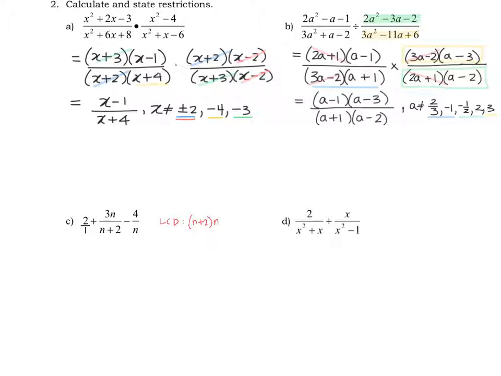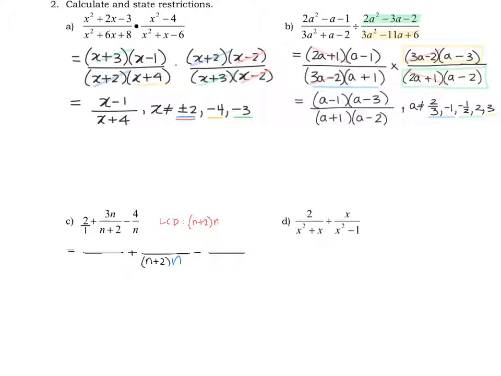So this means that we are going to have to rewrite each of these rational expressions with our new common denominator of (n plus 2)n. If that is the case, then I'm going to look at what's missing.